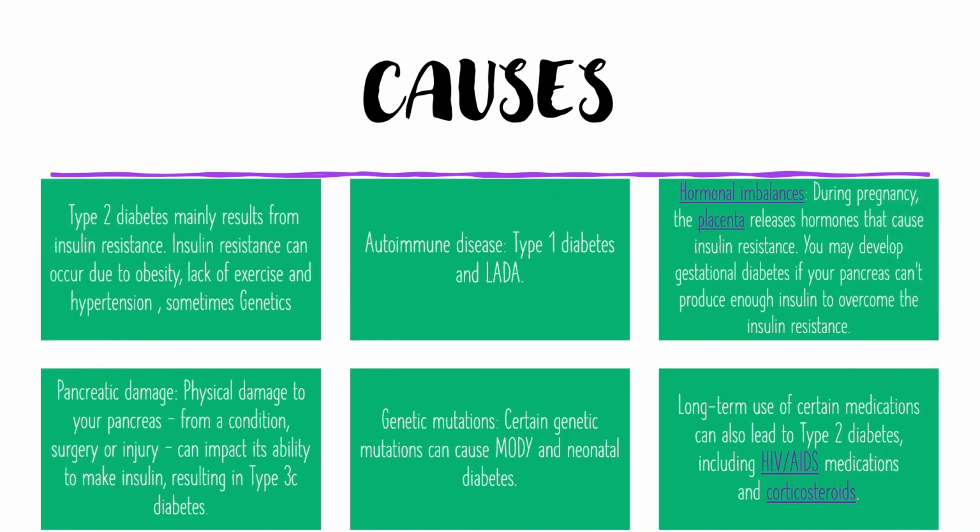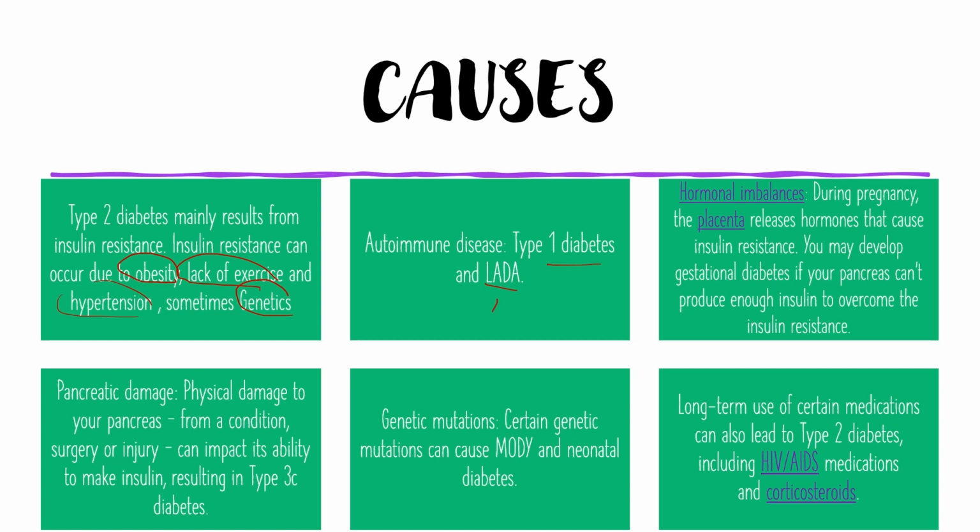There are several factors and conditions which contribute to varying degrees of insulin resistance. For example, obesity, lack of exercise, hypertension, and sometimes genetics. Autoimmune diseases like type 1 diabetes, as we discussed before, and latent autoimmune diabetes of adults.